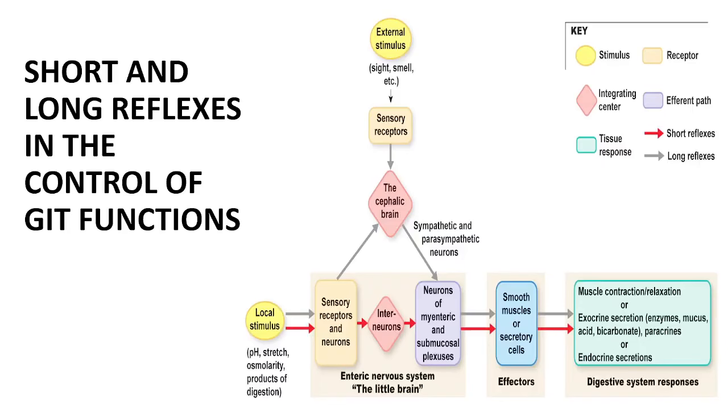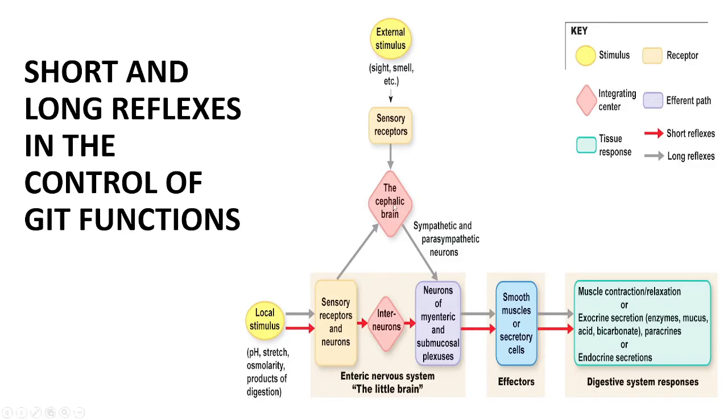Talking about reflex control of functions, we say that there are short and long reflexes which are involved in the control of GIT functions. So what are these short and long reflexes? So anything that is going outside the enteric nervous system is long.